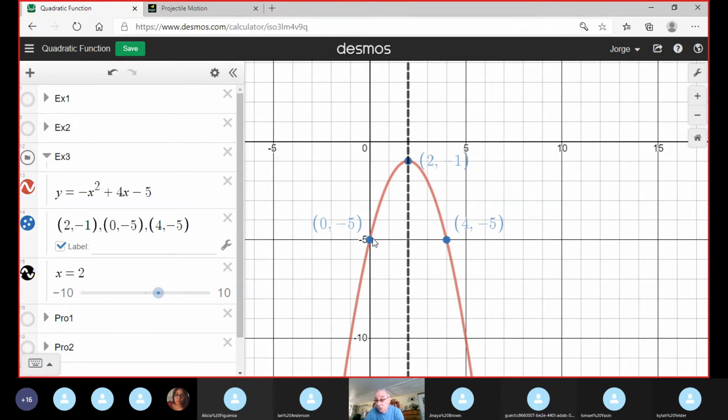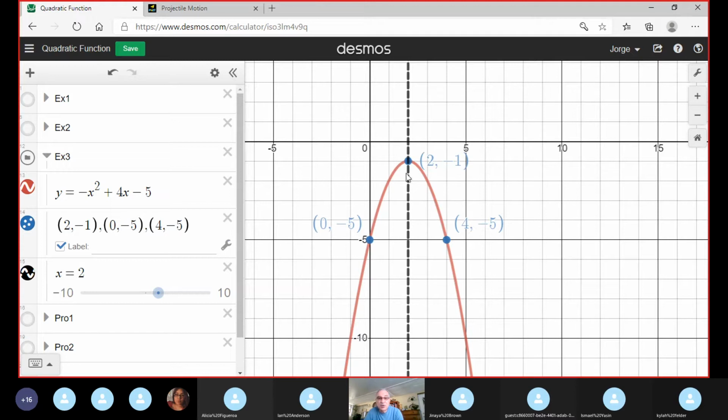We discovered also that the x-intercept does not exist, and it makes sense now, because if the vertex is located at the point 2, -1 and the parabola opens down, it's obvious that the parabola never crosses the x-axis. So the algebraic interpretation, when it's complex or imaginary, is that the point you're looking for does not exist.